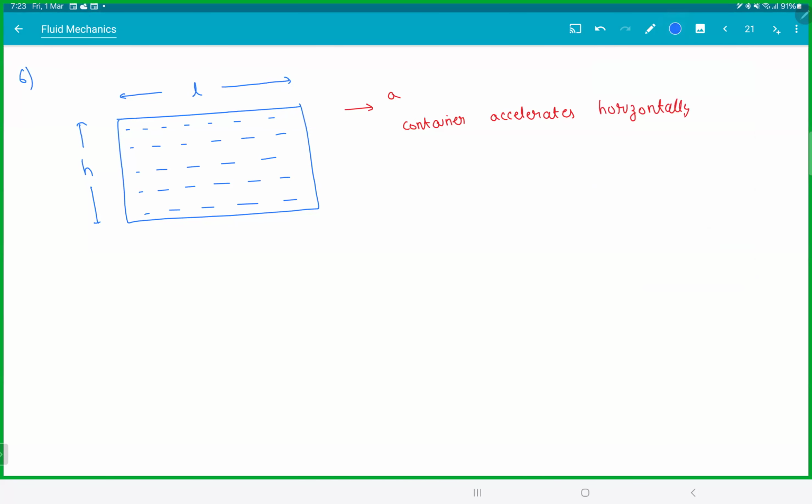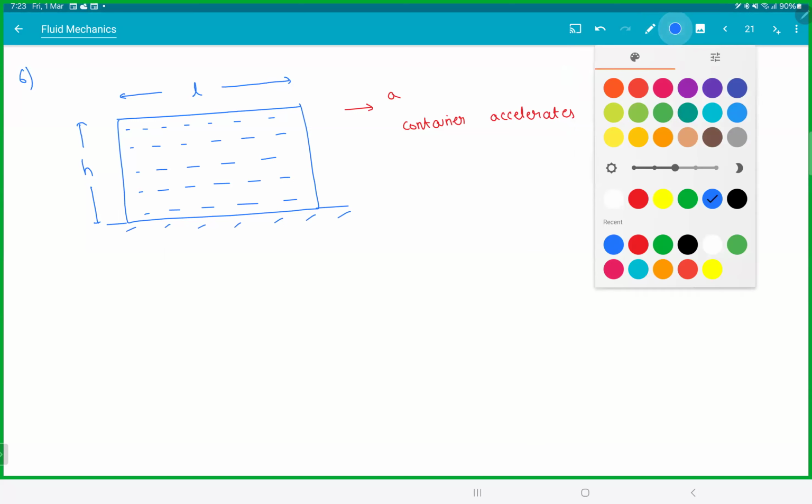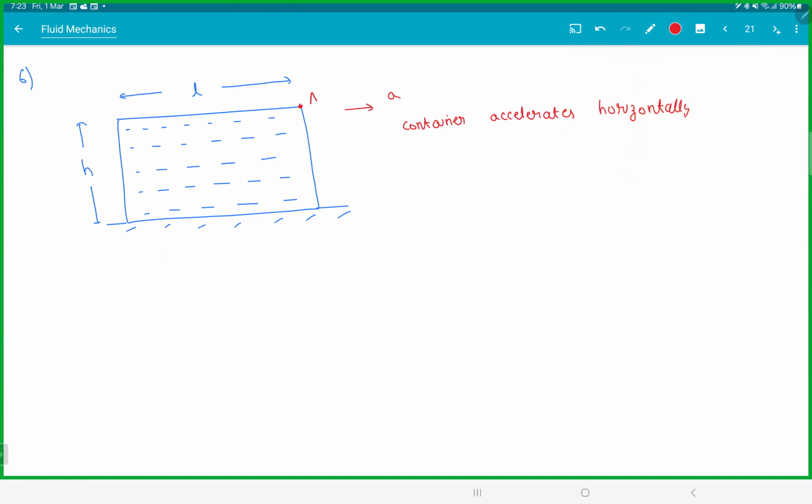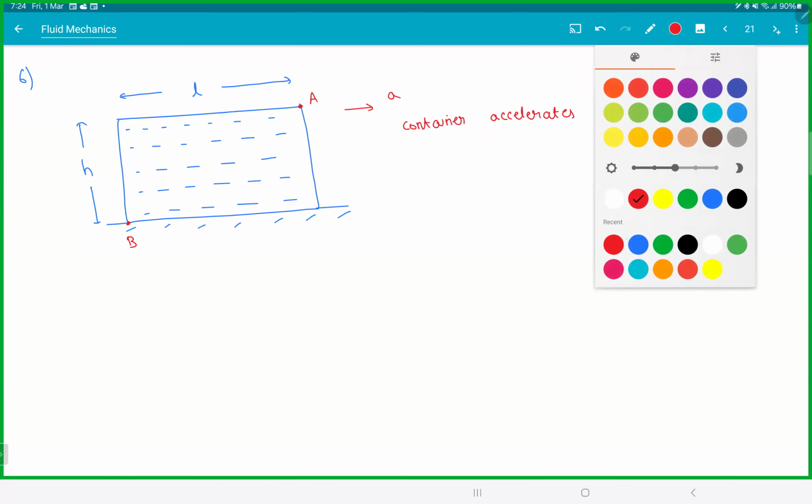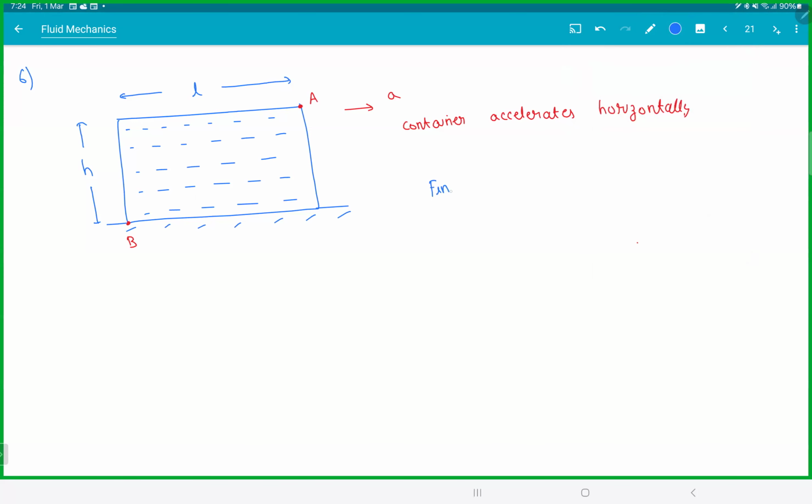Gravity is there. This point is A and this point is B. Find PB minus PA.